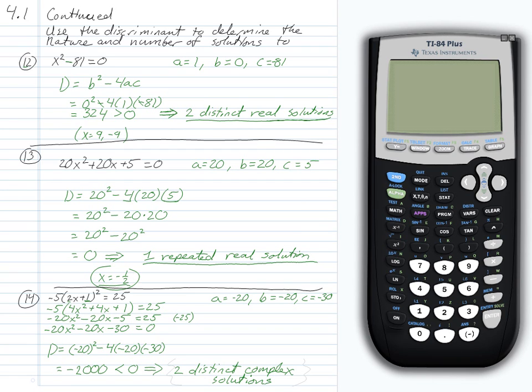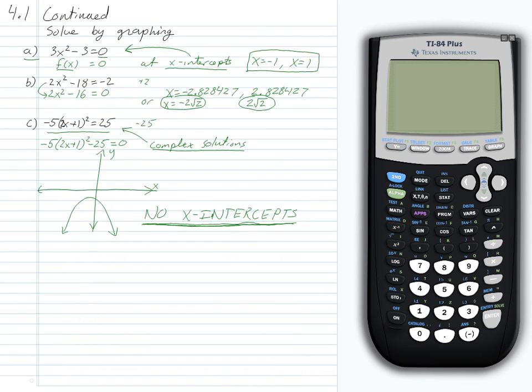If you refer back, this was the 6th problem that we looked at. We solved it using the square root method, and we ended up with those two complex solutions. So refer back to that one and confirm that our conclusion here is correct.